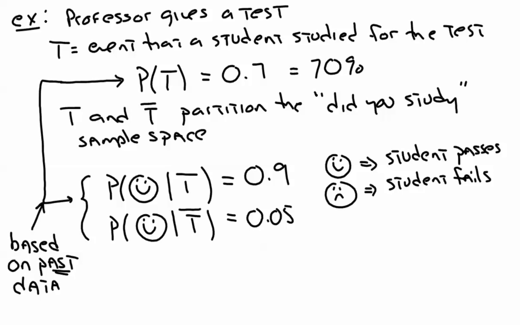All right? So, the professor then has the next semester's worth of students. He gives a test, and a student comes up to him after the class and says, Dr. Duncan, perhaps I really studied hard, and yet I failed the test.